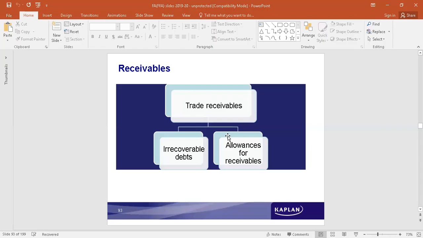The business entities are allowed to provide for the future losses by setting aside some amount of profit. If there is a loss that happens, that provision or allowance set aside from the profit of the current year will be used to meet the future losses that arise on account of irrecoverable debts. So this is with respect to trade receivables.